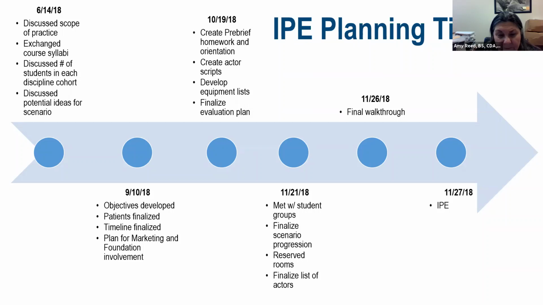The night before, we did a final walkthrough to make sure everything was set up and ready to go. And then the bomb went off on November 27th, and it was a phenomenal experience for all.